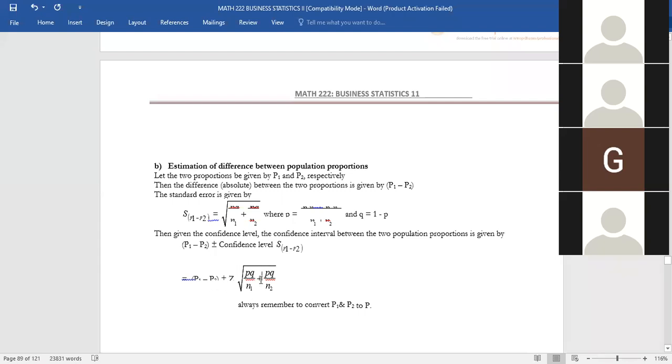Are we together? So I think that is clear. All other factors held constant, our Q is still 1 minus P. Of course, then you use the level of confidence that you've been given. This is our Z.